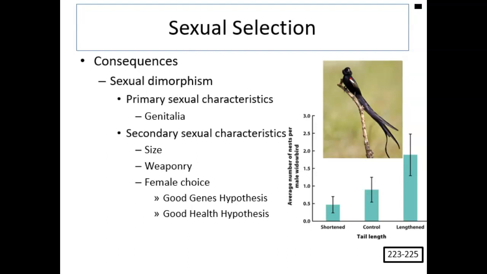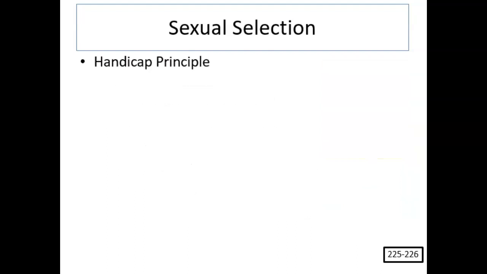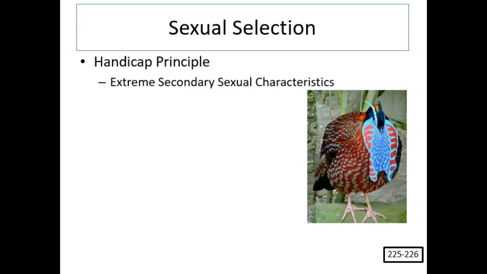Now, when we look at that sexual selection taking place, we also have to acknowledge that at some point, those secondary sexual characteristics can seem pretty dangerous, pretty detrimental. That they're so extreme that they are going to make it less likely, perhaps, for example, this male tragopan to survive.